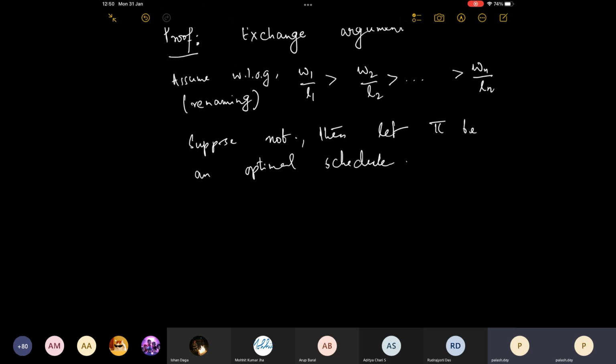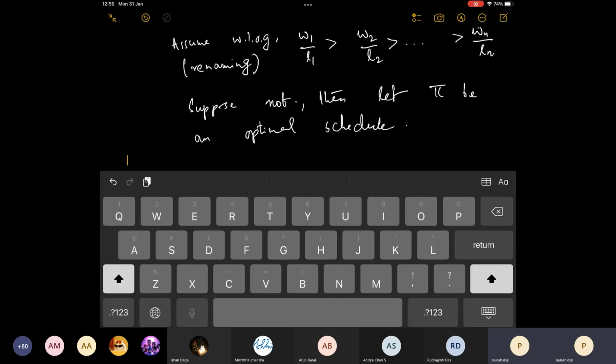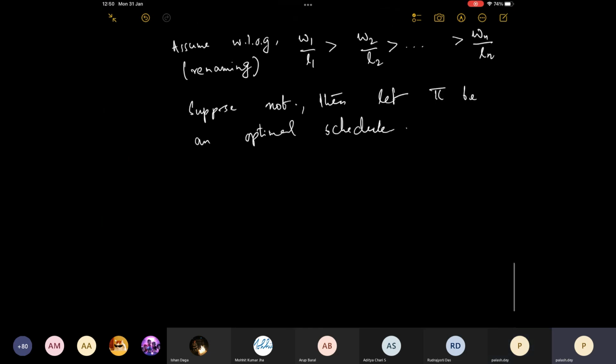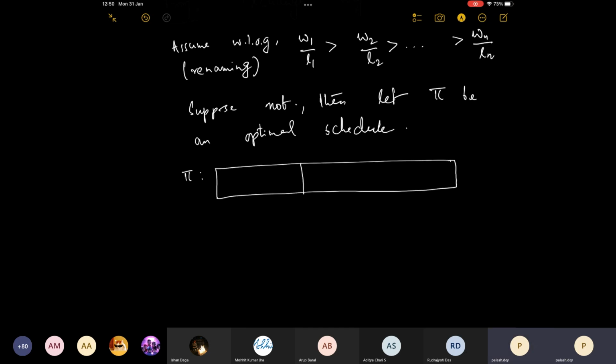That means that in pi, which performs jobs in some order, there will be consecutive jobs, here is I, here is J, such that J is performed immediately after I, but Wi by Li is strictly less than Wj by Lj.